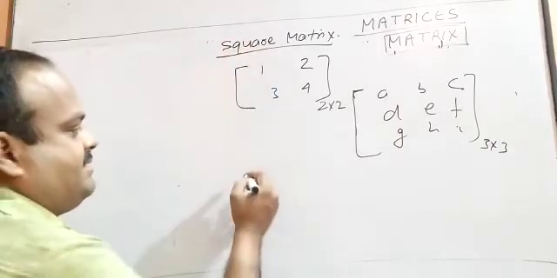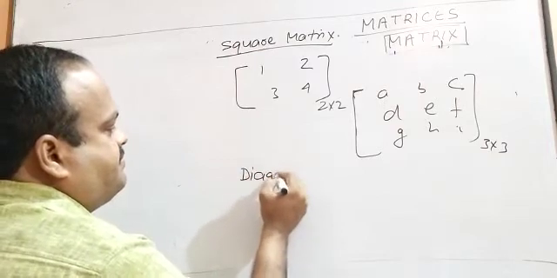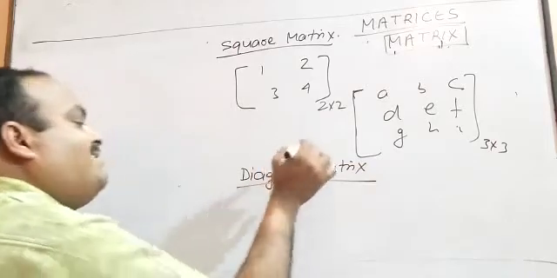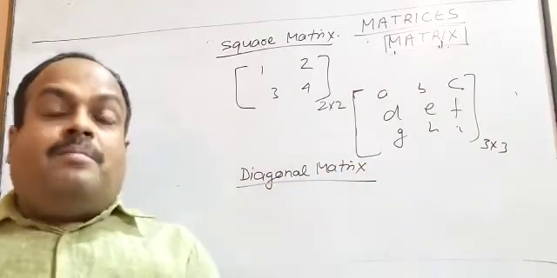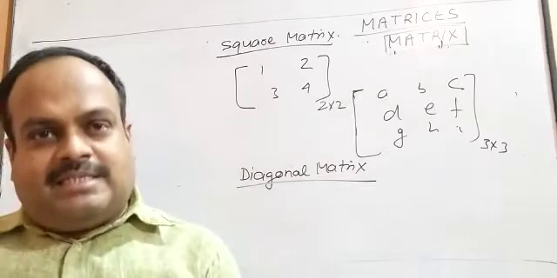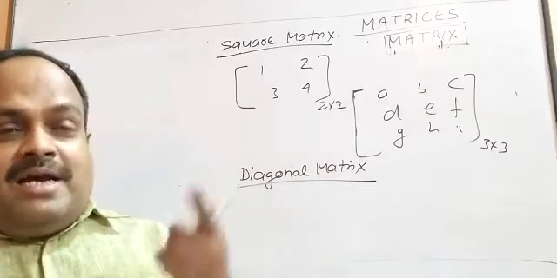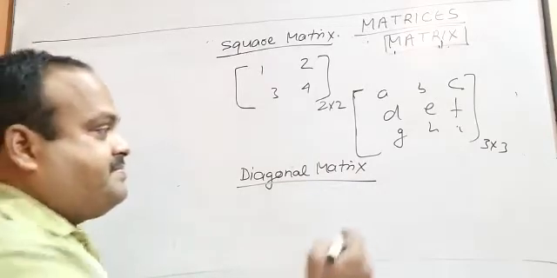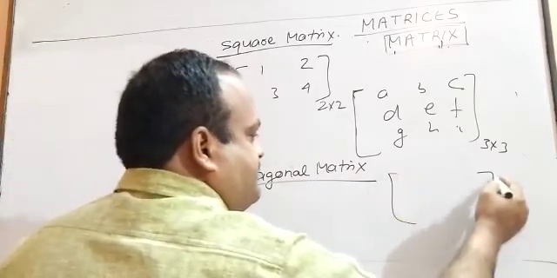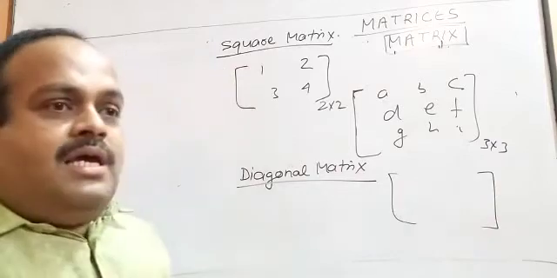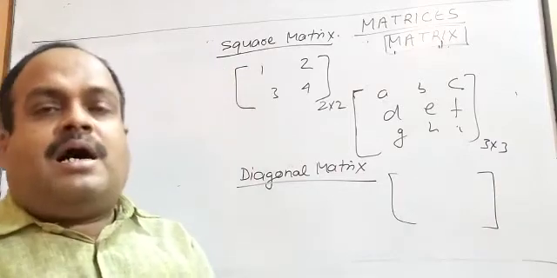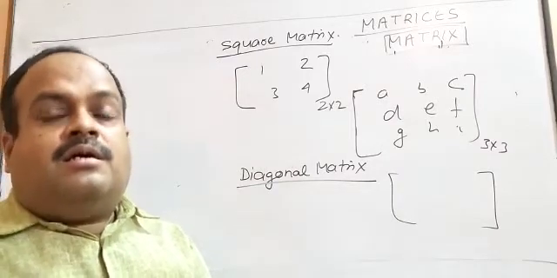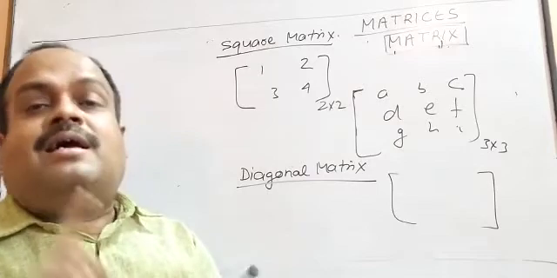Now diagonal matrix. My dear students, a matrix is said to be a diagonal matrix. A square matrix is said to be a diagonal matrix if every element of it is 0 except its leading diagonal elements.